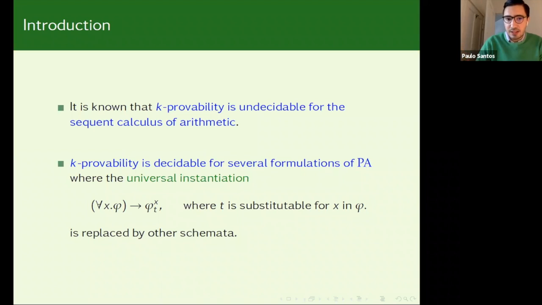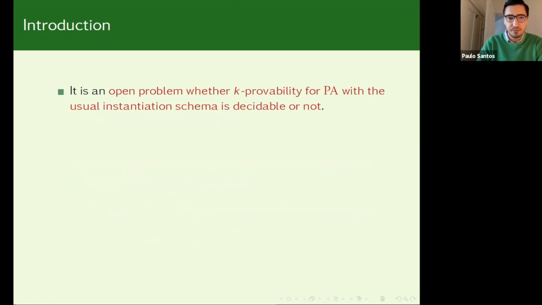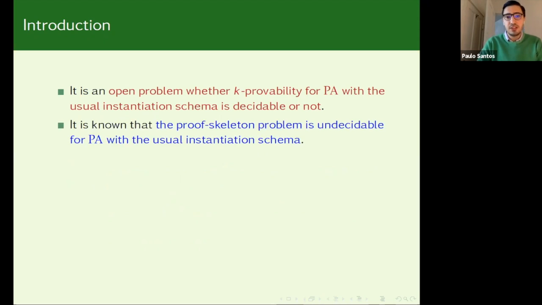And in that setting, the schema is replaced by other schemata, but equivalent theories are obtained. It is yet an open problem whether k-provability for PA with the usual instantiation schema and not the previously mentioned ones is decidable or not. But it is known that the proof skeleton problem is undecidable for PA with the usual instantiation schema.